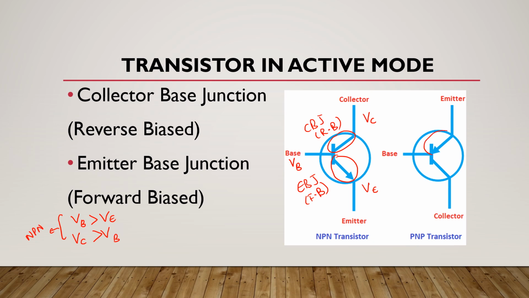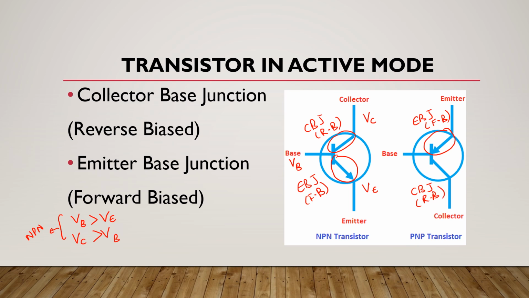Here this is the emitter base junction, which is forward biased, and this is the collector base junction, which is reverse biased in active mode.